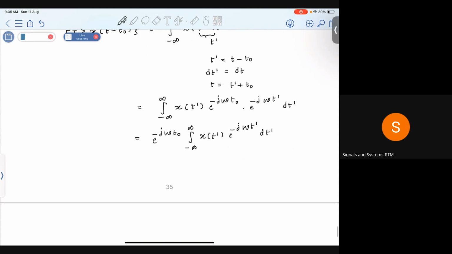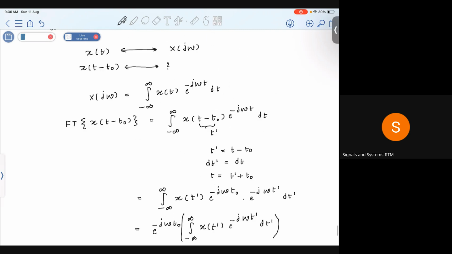So this part is simply the Fourier transform of the original signal x of t. So this is e power minus j omega t naught times the Fourier transform of x of t, which is nothing but x of j omega, right? So likewise, you can do all sorts of things.